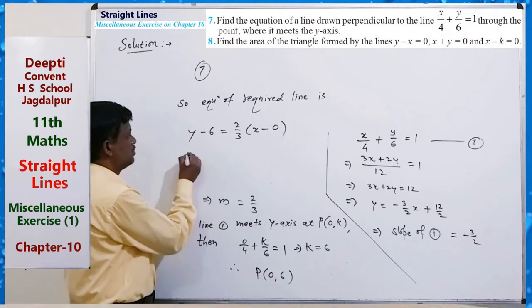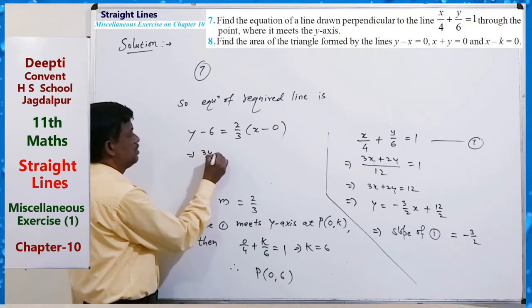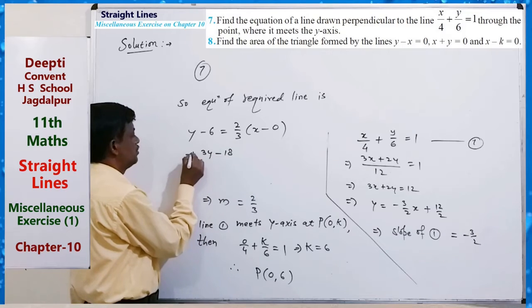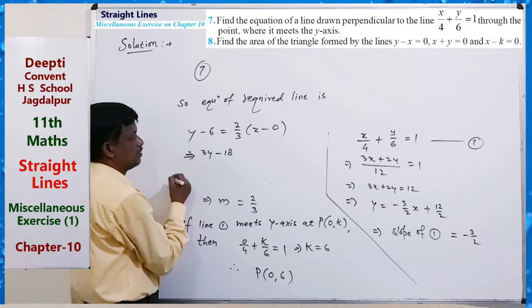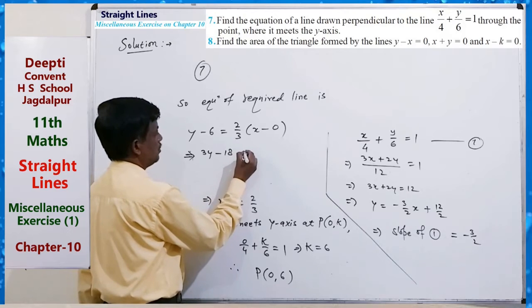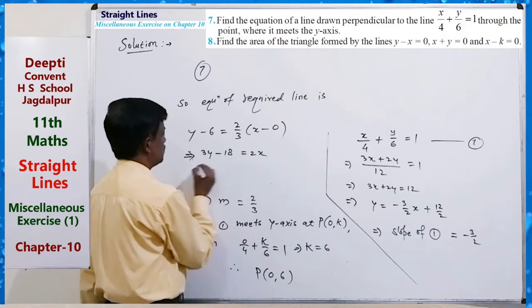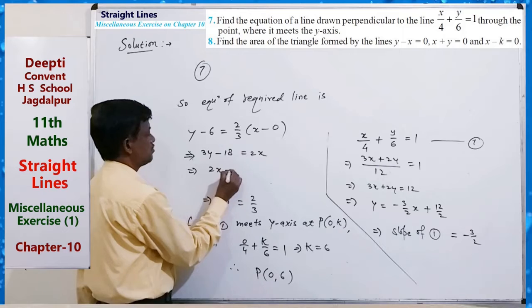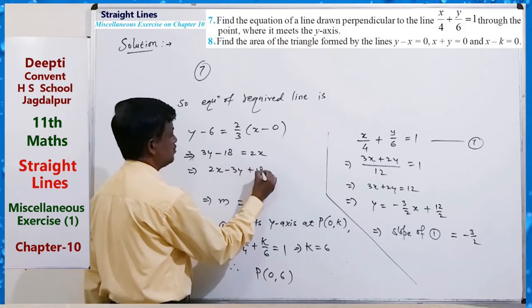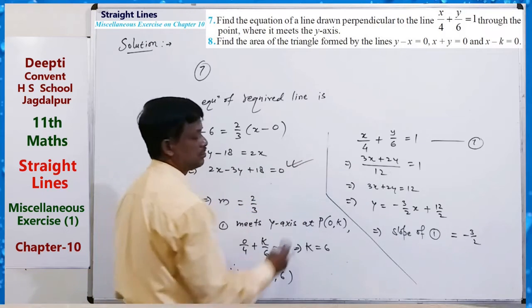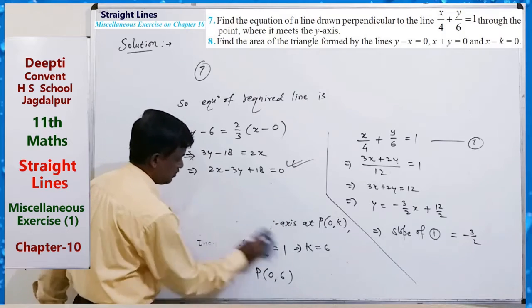You can solve it: 3y minus 18 equals 2x. So 2x minus 3y plus 18 equals 0. This is our required line.